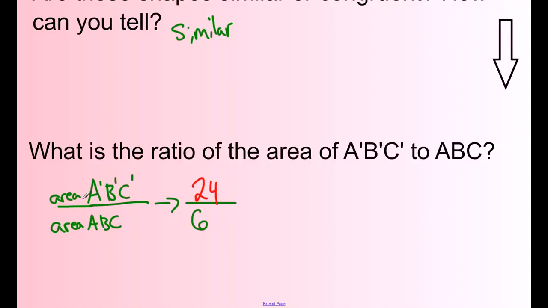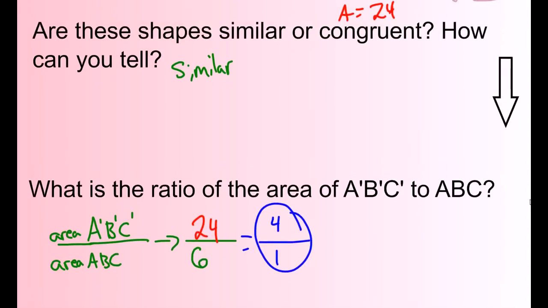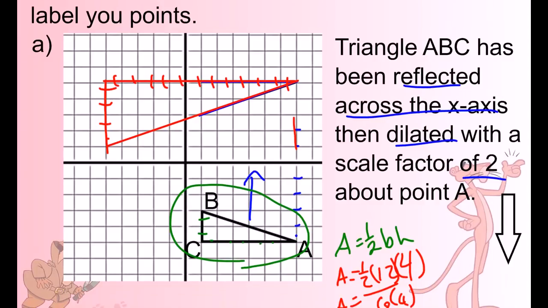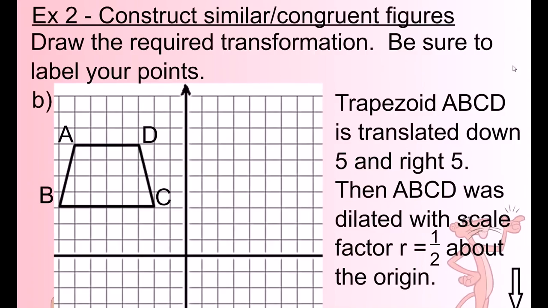So the ratio of the area of A prime, B prime, C prime to the area of ABC is 6 to 24, which can simplify down to 4 over 1. What is the ratio of the area of this to that? 4 over 1. So the area of the new image is 4 times bigger than the area of the old image.